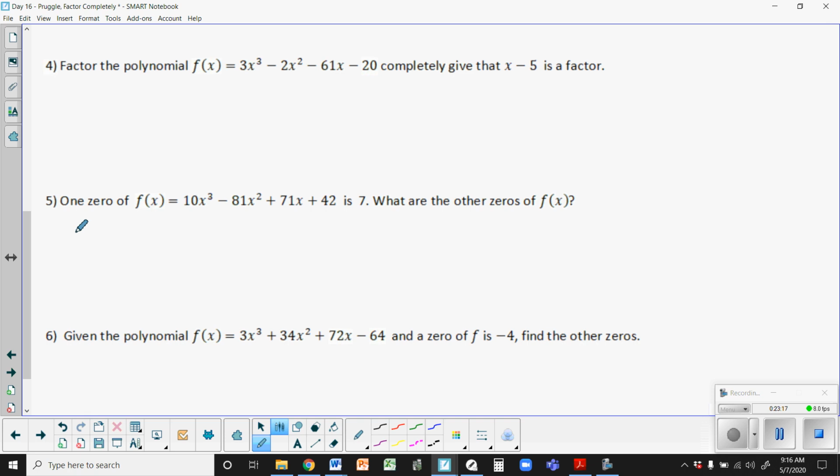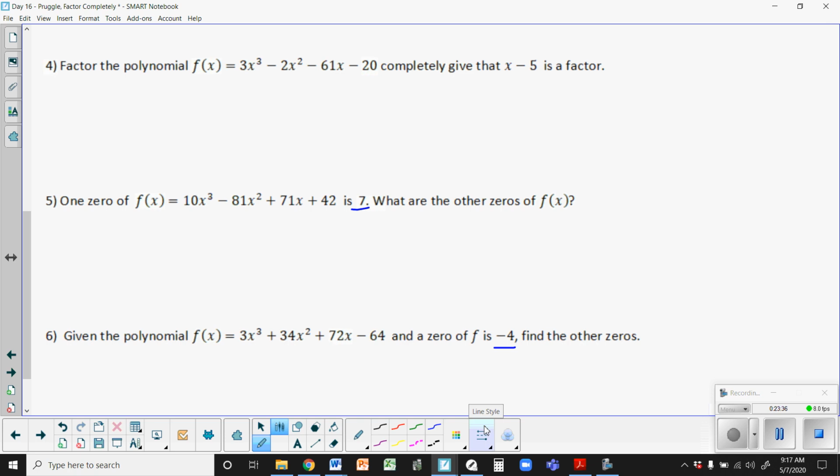And then 5 says 1, 0 is 7. So notice that this is separate from the other part. It says 1, 0 is 7. What are the other zeros? And then this one says, given this polynomial, a zero of f is negative 4.